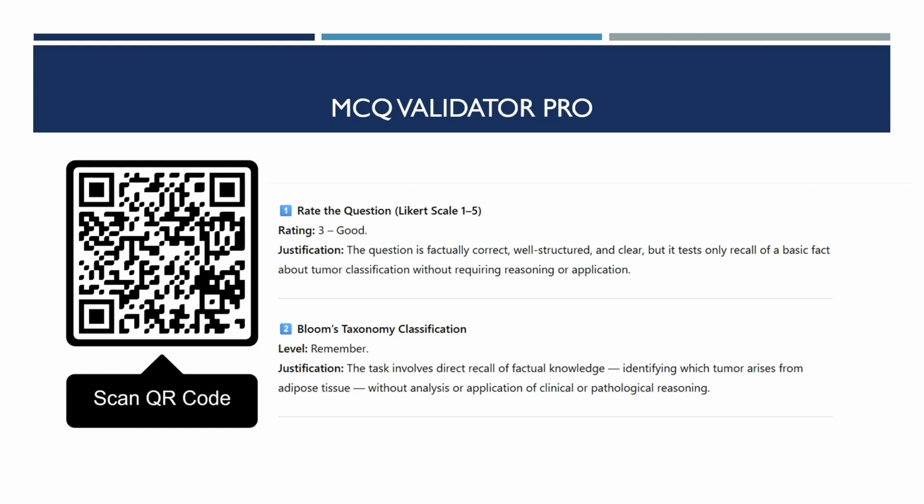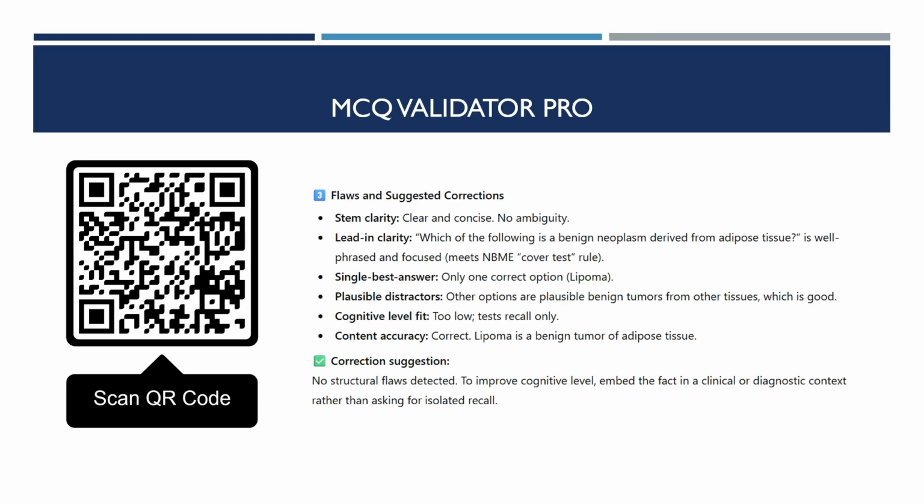It will also provide the reasons why it is at that particular level. After that, it will also assess the MCQ under the following headings: STEM clarity, lead-in clarity, single best answer, plausible distractors, cognitive level fit, and content accuracy. It will assess all of them and also suggest corrections if there is any need.